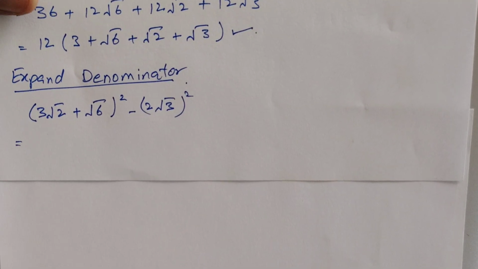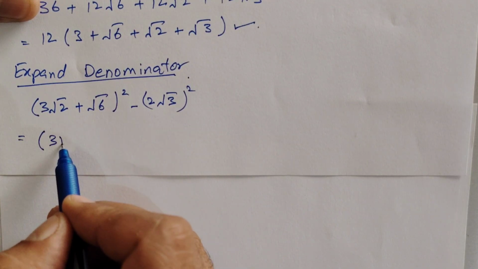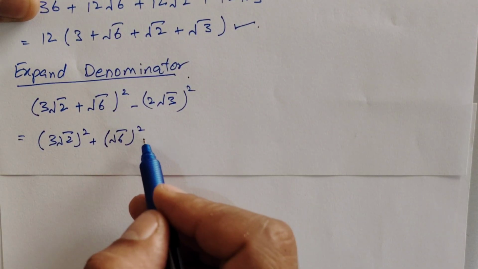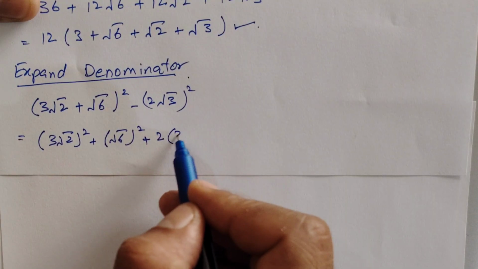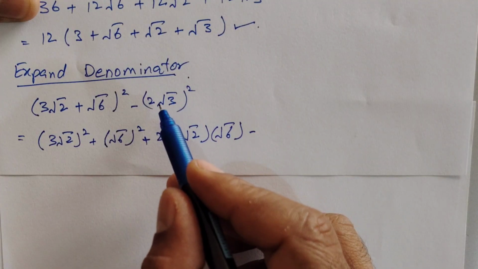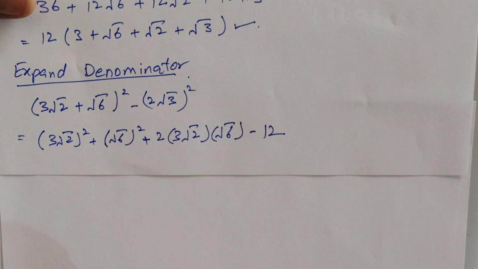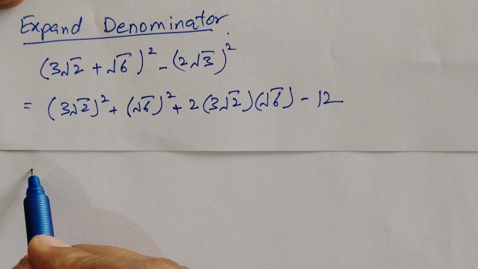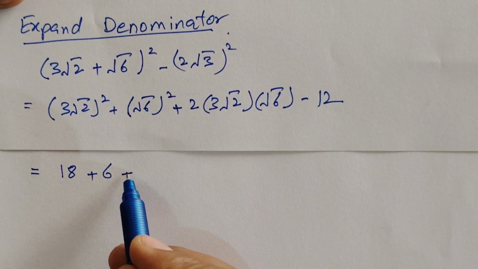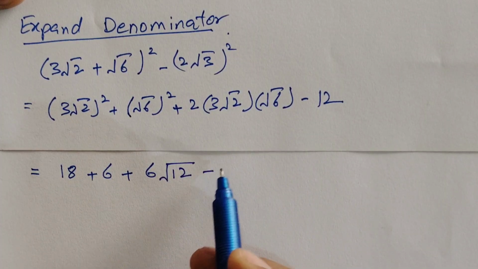Now we further solve this equation. A square, a plus b whole square: 3 square root of 2 whole square plus square root of 6 square plus 2ab, which is 2 into 3 square root of 2 into square root of 6, minus this one, minus 12. 3 square root of 2 whole square is equal to 18, plus 6, plus 6 into square root of 12, minus 12.